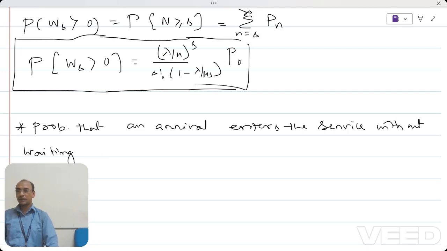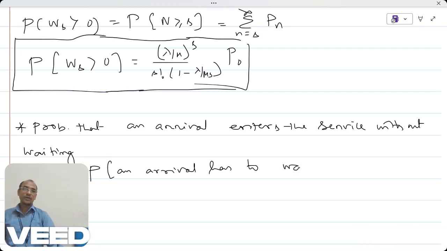That is nothing but 1 minus the probability an arrival has to wait, because the probability of waiting in the queue plus the probability of getting service will be equal to 1.